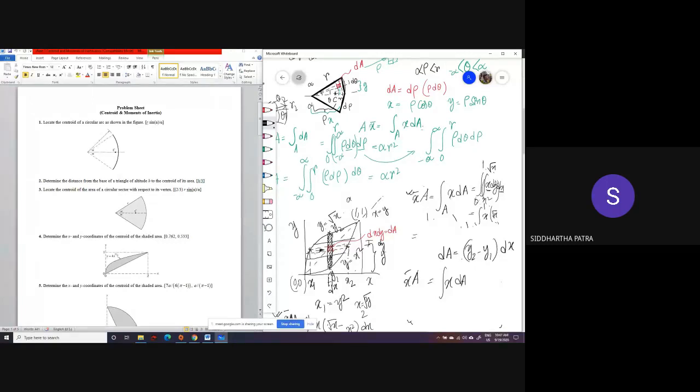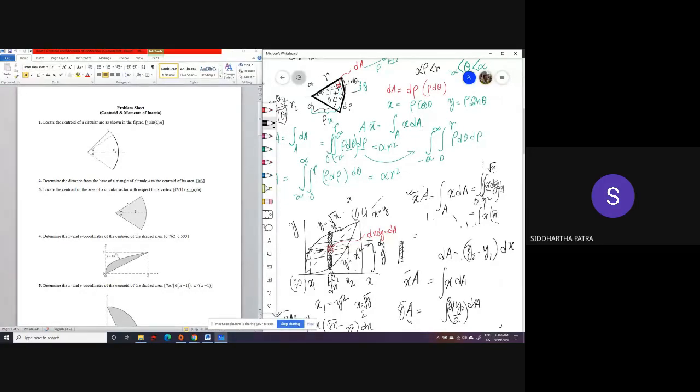But when you try to do y bar times A equals the integral of y dA, then the question remains whether you take y1 or y2. What people intuitively do is take (y1 plus y2) by 2 dA, which is fine and will also give you the correct result, but only when you are taking a rectangular sort of differential area.